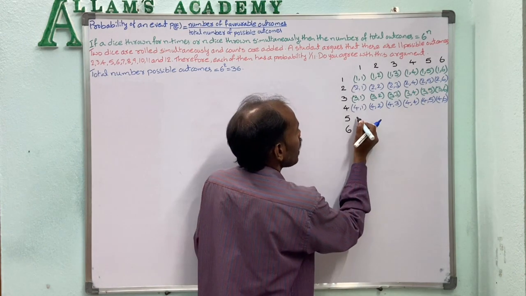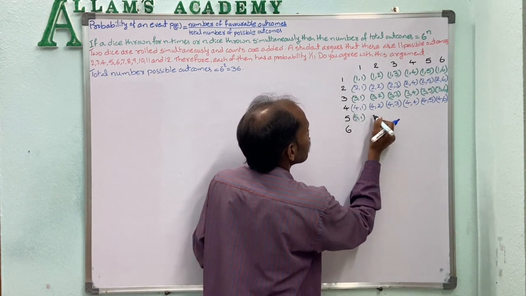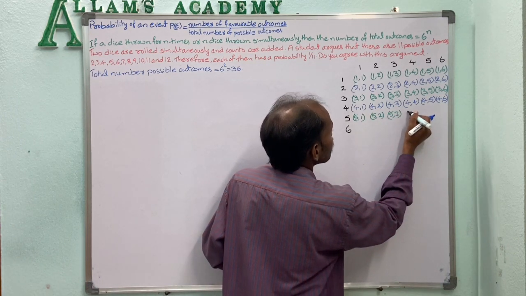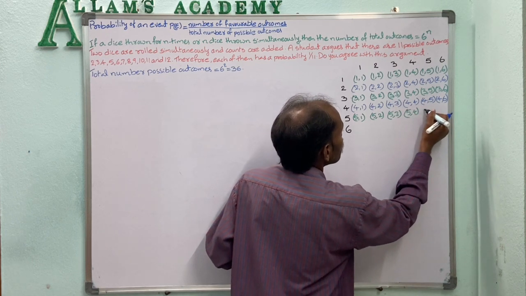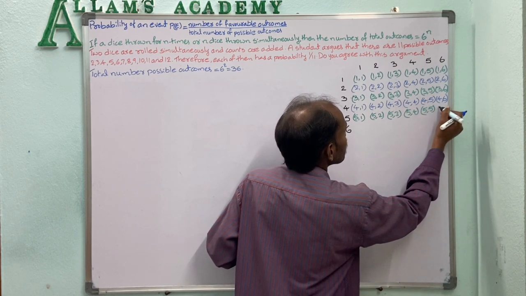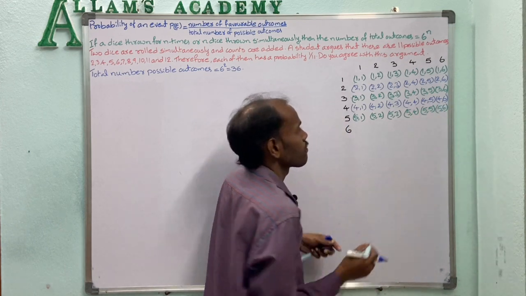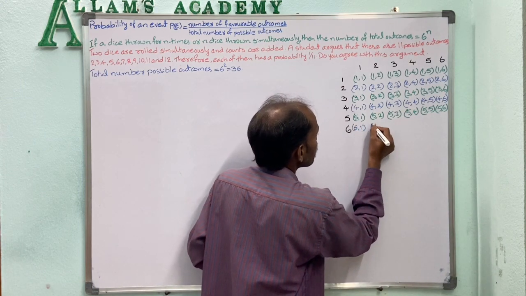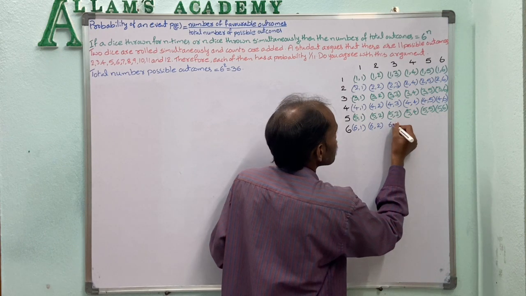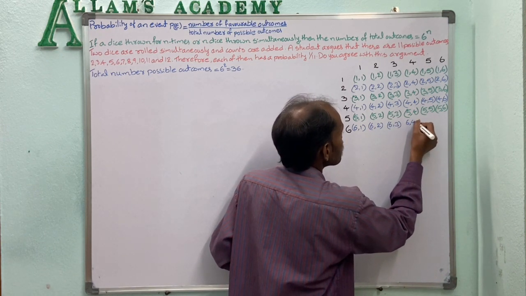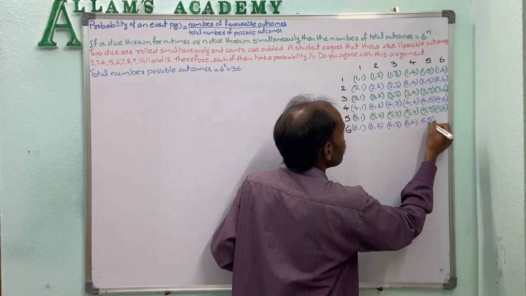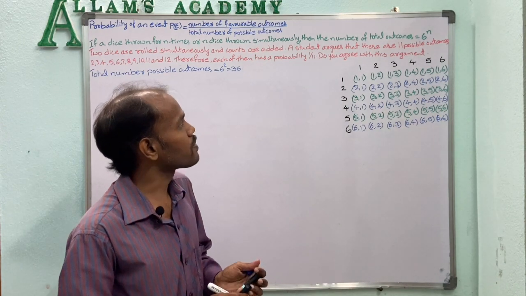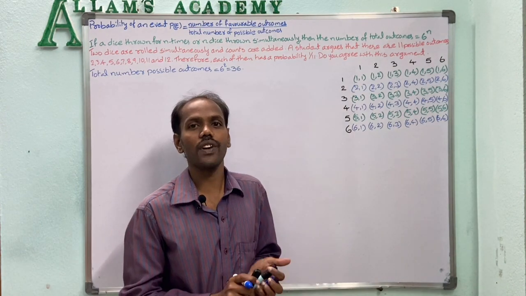If 5 is observed, 5 1, 5 2, 5 3, 5 4, 5 5, 5 6. Next, if 6 is observed, they are 6 1, 6 2, 6 3, 6 4, 6 5, 6 6. So in total these are the observations on the top faces.